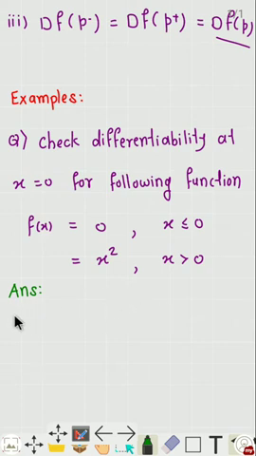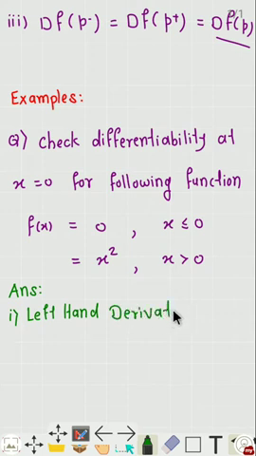So let us start. First we find the left hand derivative. Left hand derivative means derivative of f at 0 minus, and by definition here the notation is different.